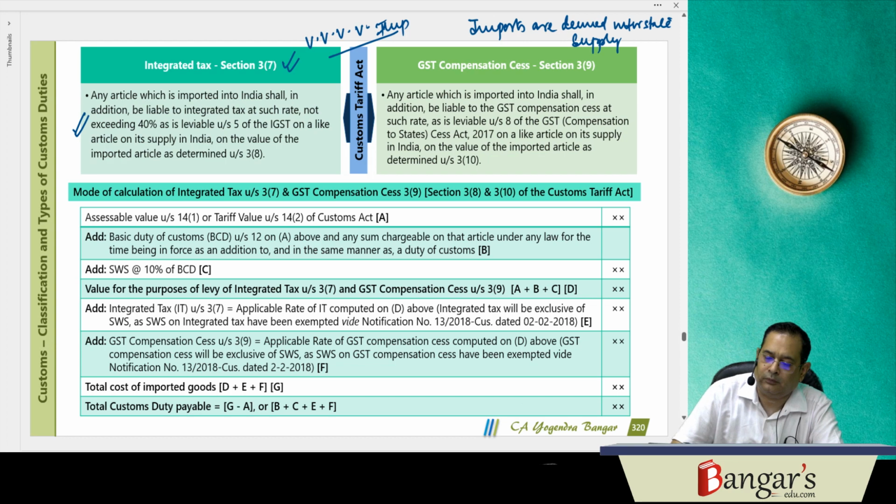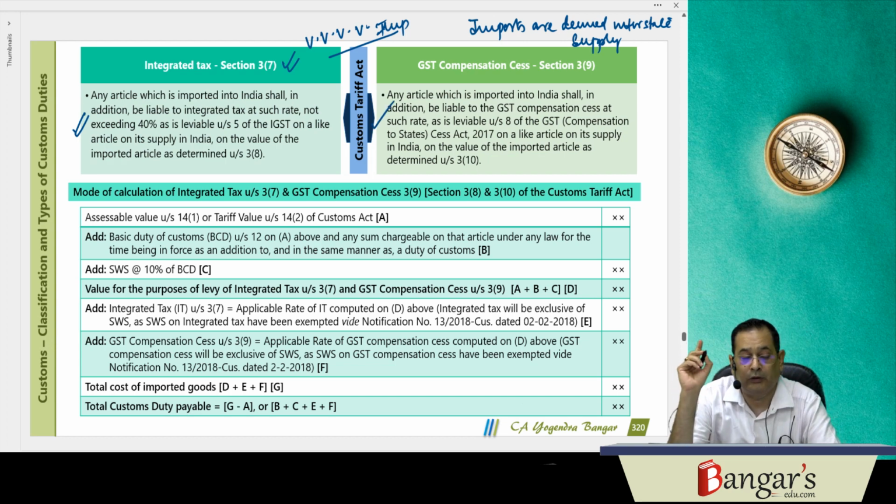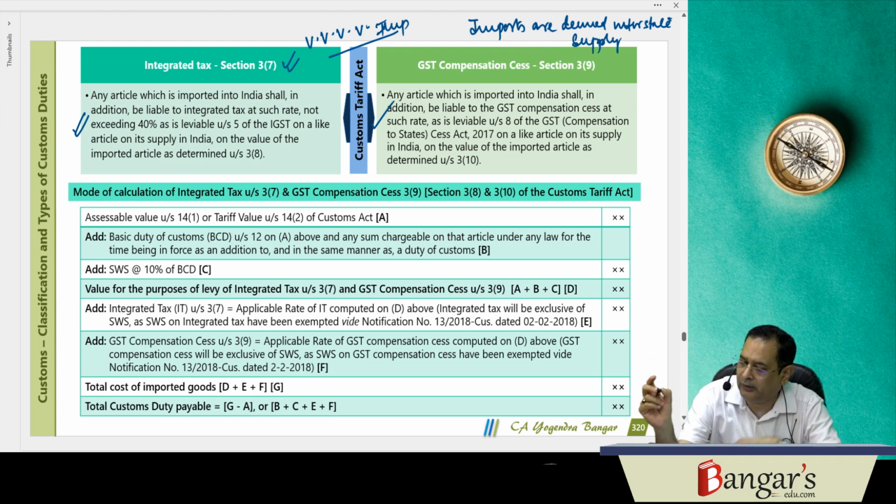Similarly, if any article supplied in India is subject to GST compensation cess, then when the article is imported into India, it will be liable to GST compensation cess at such rate as is leviable under section 8 of the Goods and Services Tax (Compensation to States) Cess Act 2017 on like article on its supply in India, on the value of the imported article as determined in section 3(10).